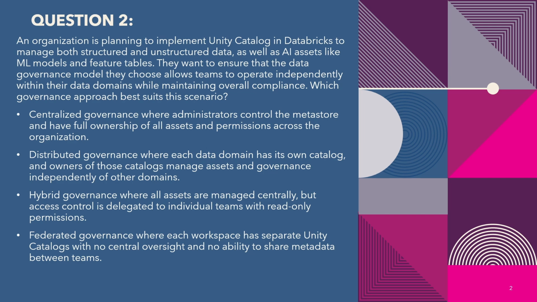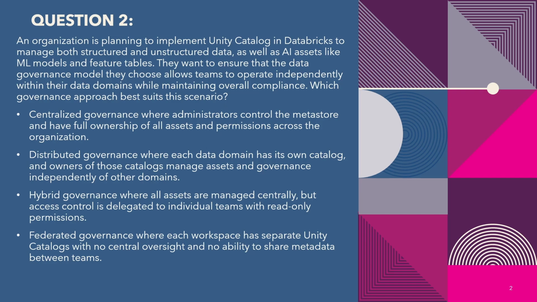Option 3, hybrid governance, where all assets are managed centrally, but access control is delegated to individual teams with read-only permissions. Option 4, federated governance, where each workspace has separate Unity catalogs with no central oversight and no ability to share metadata between teams. Okay, that's all 4 options.